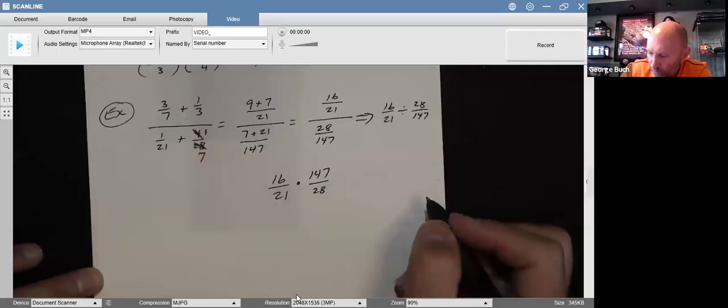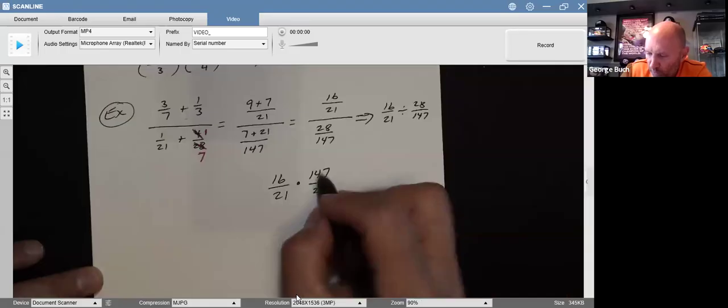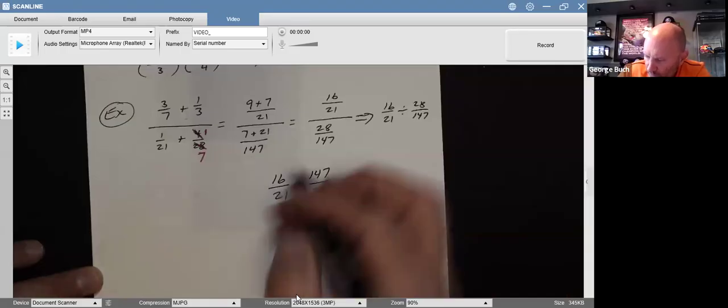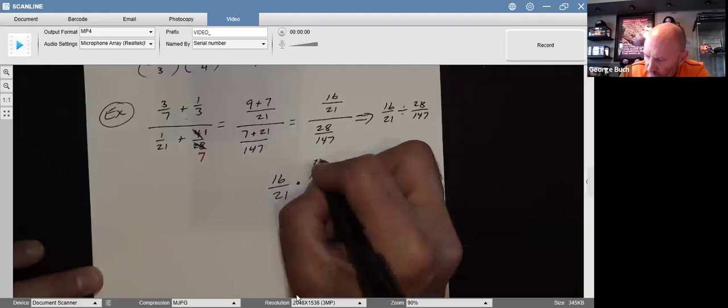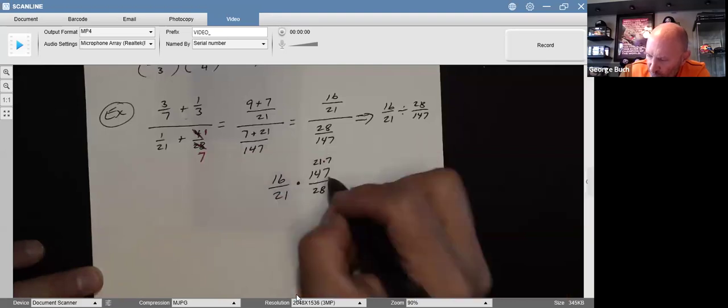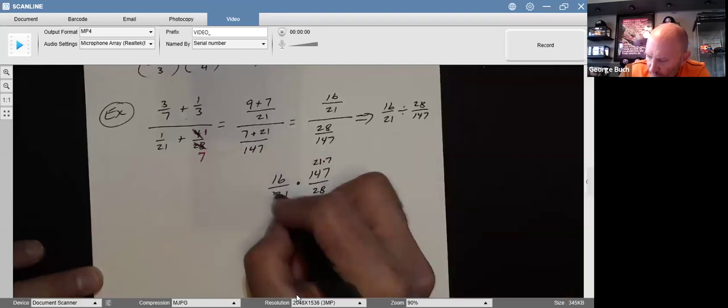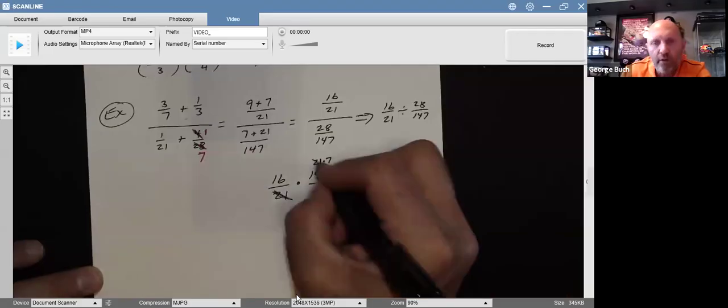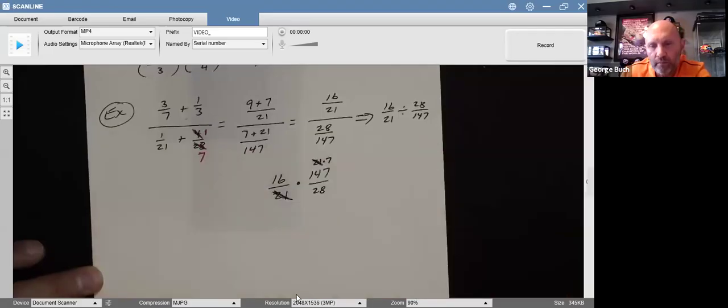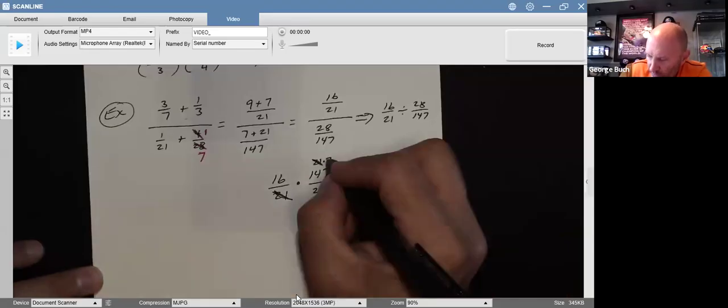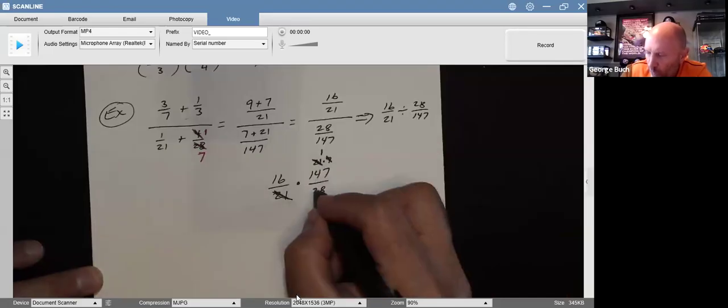And we know this one, 147, we got from what? 21 times 7. So this is really 21 times 7, which means the 21 down here will cancel with the 21 up there. And now again, this 7 cancels, gives me 1. Well, it cancels with the 28, gives me 4.